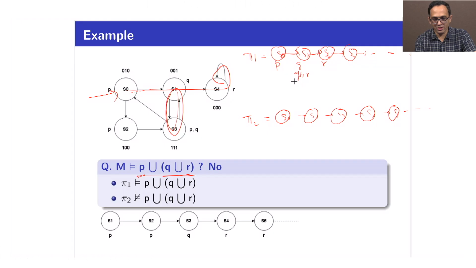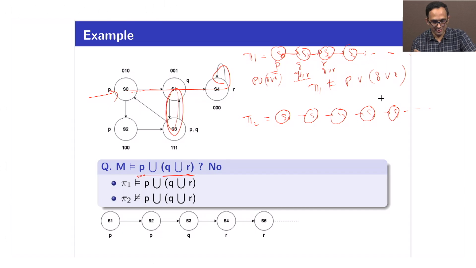In this state also Q until R holds, because R holds means Q until R holds. In this state P holds until Q until R holds, because P holds here and in the next state Q until R holds. So, this path pi 1 satisfies P until (Q until R).